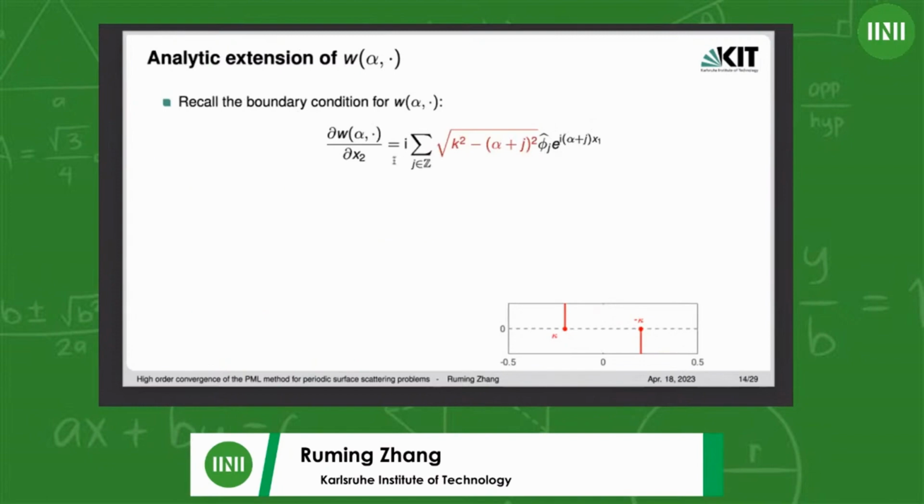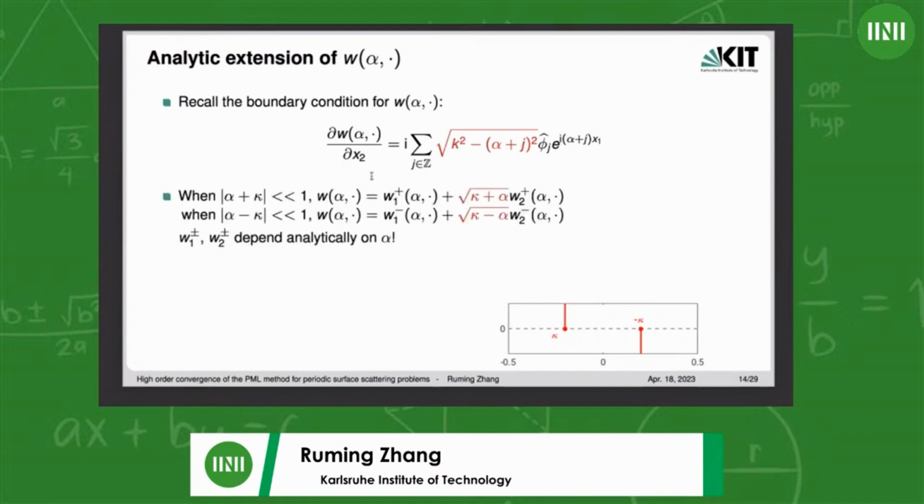Then we recall the boundary condition for W alpha in the Dirichlet-to-Neumann map, where we have this square root term. Then we can use the Neumann series to conclude that when alpha is close to minus kappa, W can be written as W1 plus alpha, plus the square root of kappa plus alpha times W2 plus alpha. Both W1 plus and W2 plus depend analytically on alpha.